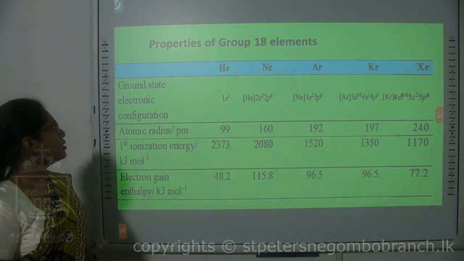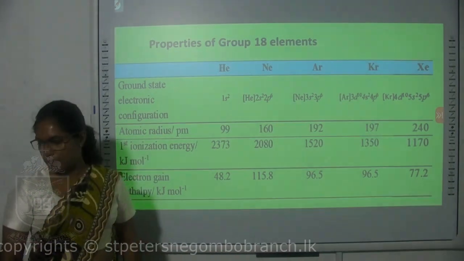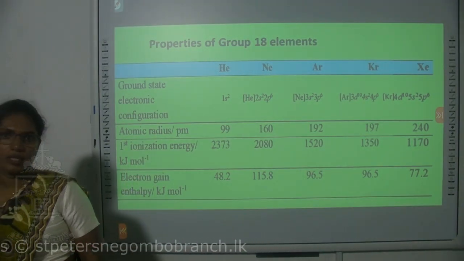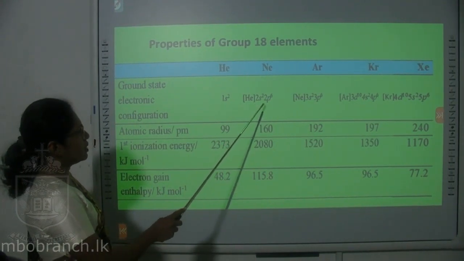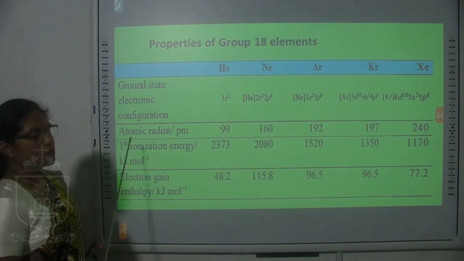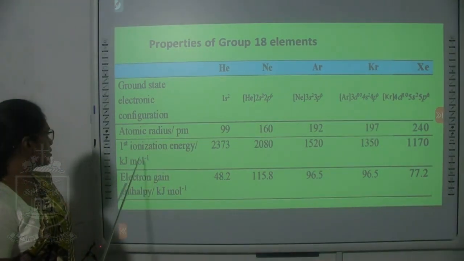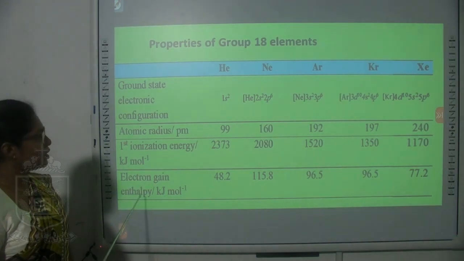Now let's take the properties of group 18 elements. If you check the properties, as I show you, you can see the ns2 np6 electron configurations and also atomic radius, first ionization energy and electron gain enthalpy.